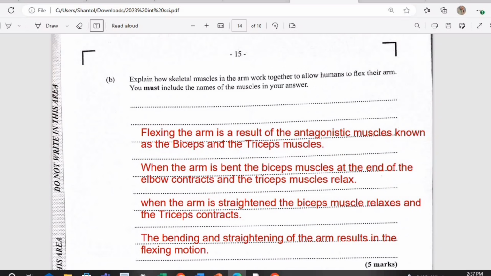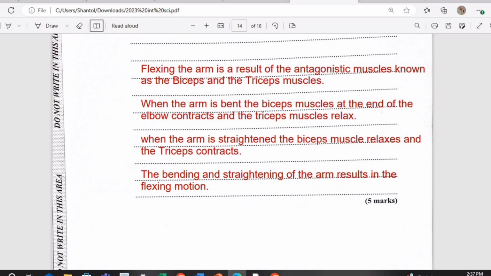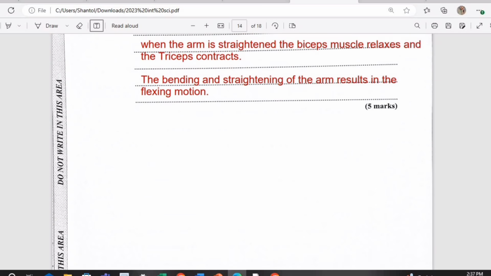When the arm is straightened, the biceps muscle relaxes and the triceps contracts. The bending and the straightening of the arm results in the flexing motion. That's 5 marks. Now there's no going around it. Your answer should have looked something like this. You must mention biceps, triceps. You must mention how they contract and relax to get your 5 marks.